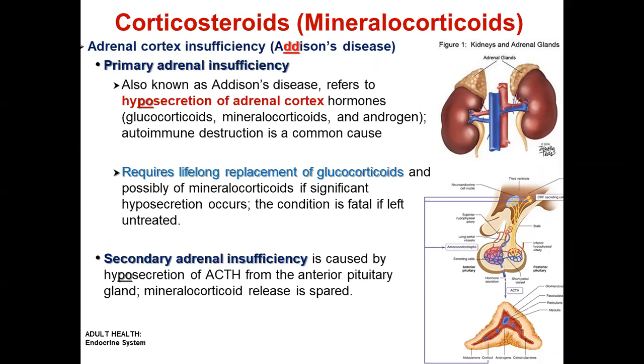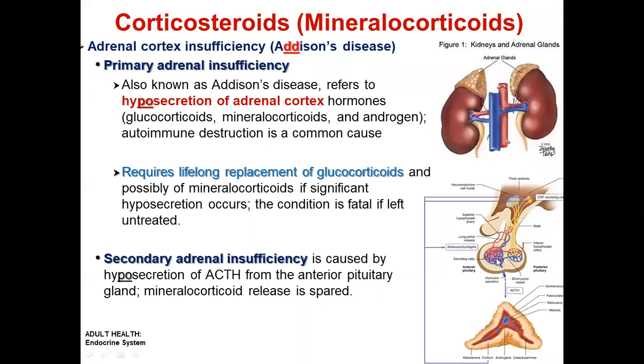So the adrenal cortex insufficiency has two types: primary adrenal insufficiency and secondary adrenal insufficiency. If the pathology is in the cortex area in the suprarenal gland, this is the primary adrenal insufficiency.